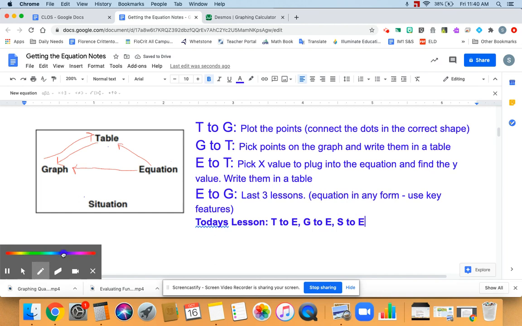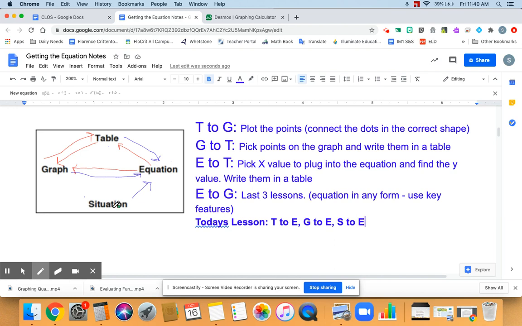So here, I'll do today's in blue. So we're going to learn how to get the equation from all 3 forms. And then tomorrow, we're going to deal with all the situations.